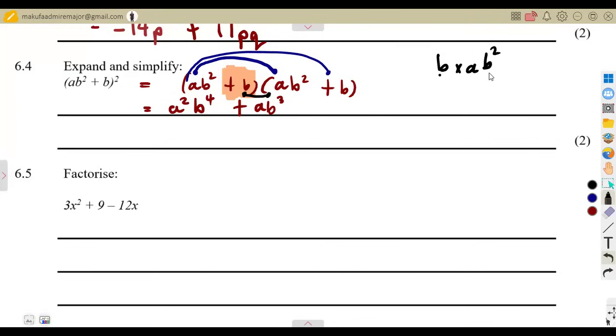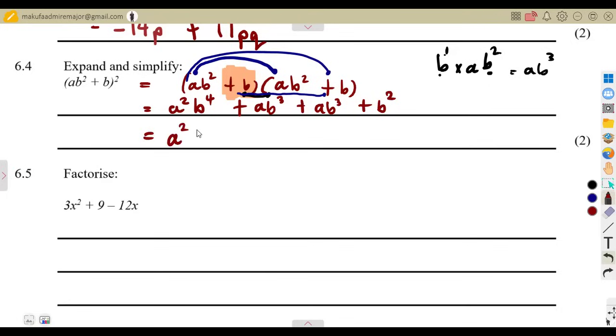So that's the b and the b², that's a 1, so this will be ab to 1 plus 2, that's to the exponent of 3. So there we have got plus ab³. Again, the last part, the b, also multiplies this b. So b times b, that's going to be b². All right, sorry for this, guys. This is too close. So that one was going to be a b².